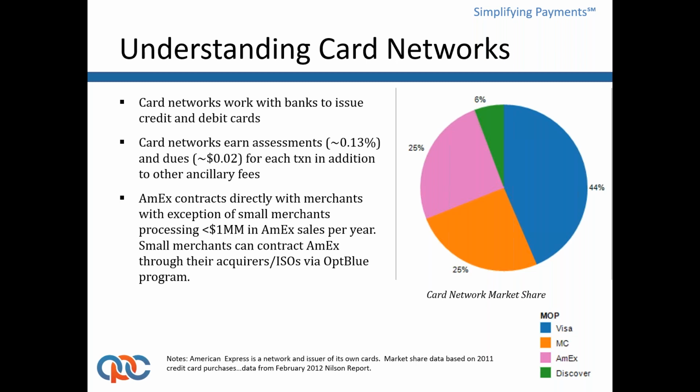With most of you, if your American Express sales are over $1 million a year, then you have a direct contract with Amex. So then the slide doesn't really apply to Amex. But only if you have sales less than $1 million, then you're subject to American Express assessments and dues, and you can get your sales authorized and settled by the same vendor or the processor that does Visa, MasterCard, Discover. Next slide.